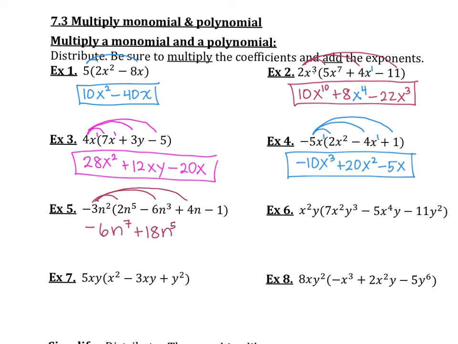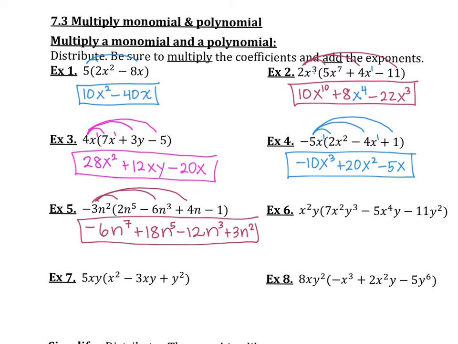Negative 3 times 4, negative 12. N to the 2 plus this extra one here gives me 3. Negative 3 times negative 1 turns to positive 3, and I'll keep the n to the second on it. Okay, final answer. And there were 4 terms inside the parentheses, 1, 2, 3, 4. So there are 4 terms in my answer.